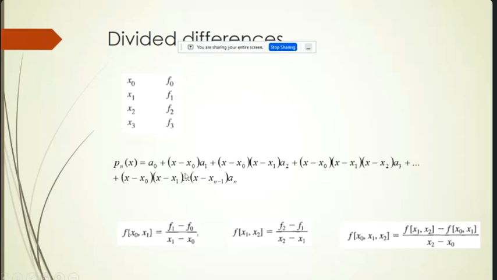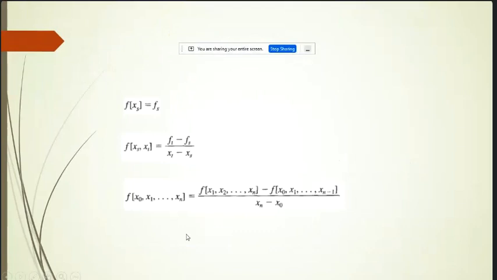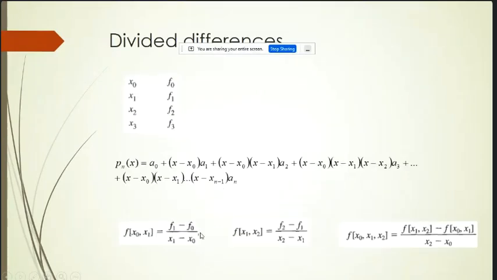And we introduce some important divided differences. For example, the divided difference between the first 2 points, (x0, f0) and (x1, f1), is this division. We show that by f[x0, x1] equals this division, (f1 minus f0) divided by (x1 minus x0).